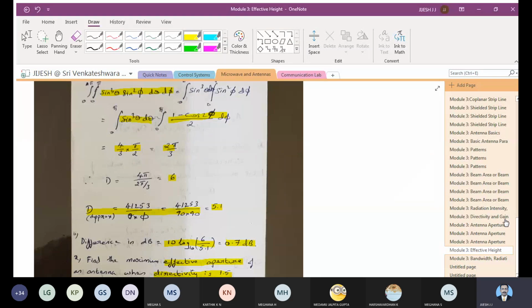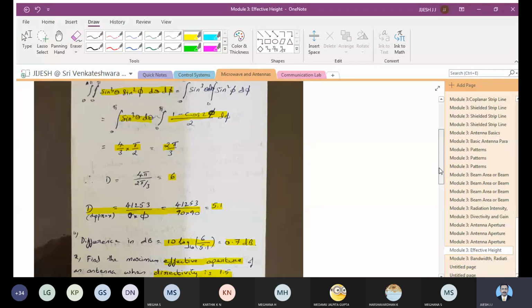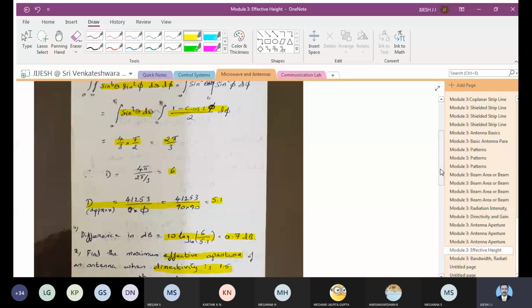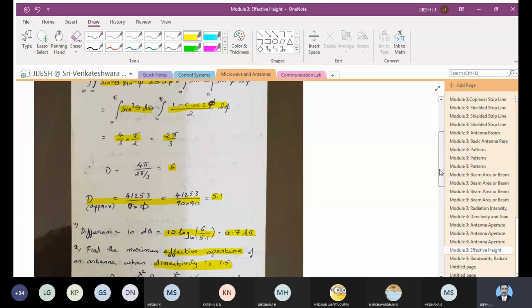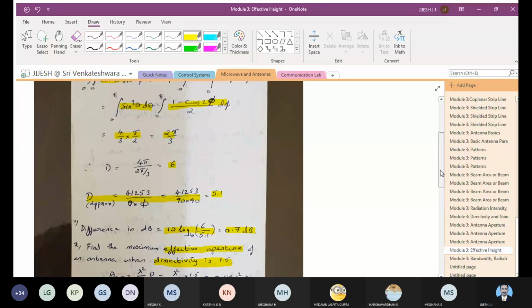Use the direct equation to find. You know the equation of effective aperture and directivity relationship. Use that equation and you can find it out. So what you will get, the effective aperture, that is lambda square D by 4 pi.